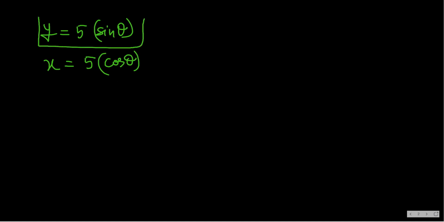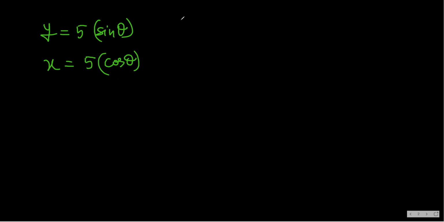Here there is a rule by which y and theta are related, and down here there is a rule by which x and theta are related. Very good. So x and y both are functions of theta. Theta is common in both the functions. Theta is a common parameter.